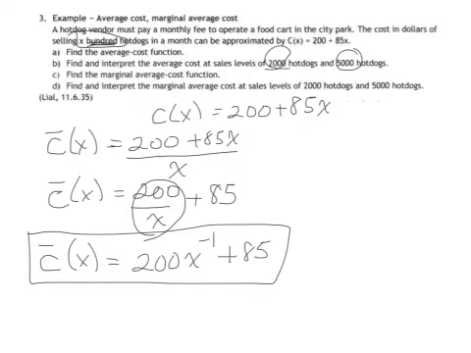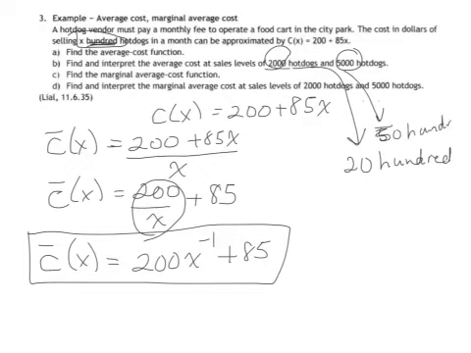So we're looking at those terms, 2,000 and 5,000. So when it says find and interpret the average cost at sales levels of 2,000 hot dogs and 5,000 hot dogs, you're going to be substituting and evaluating at x equals 20 for 2,000 and x equals 50 for 5,000. Okay?